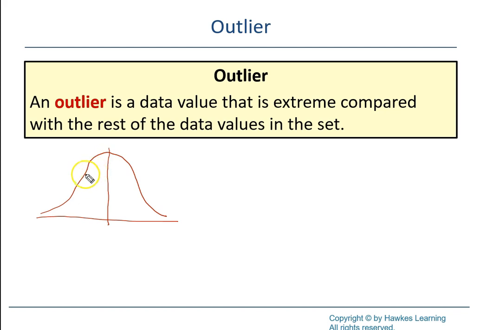But the data would be sort of equal on this side to that side, and we call this a bell-shaped curve. Now, other times you might have a curve that looks like this, where it's sort of skewed to the left. Or you might have something that looks like this.